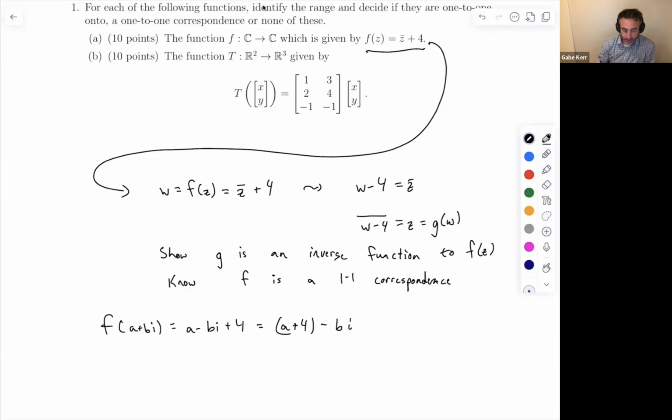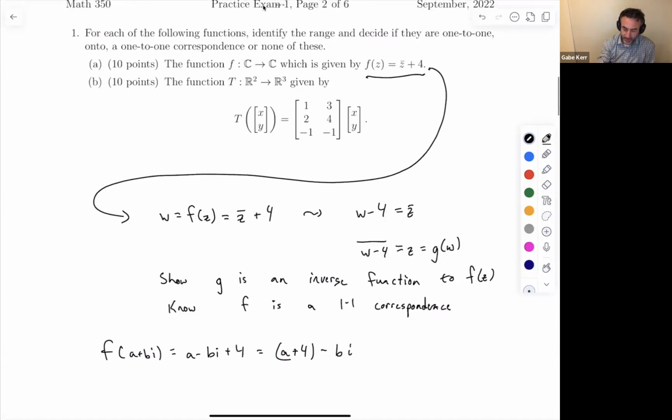There are a lot of ways you can do this problem to show it's a one-to-one correspondence. What I'd like to see on a problem like this is not just for you to state what it is. I know the phrasing is maybe saying, just tell me if it's one-to-one, onto, and so on, but I'd like to see some reasoning behind it if you can provide that.